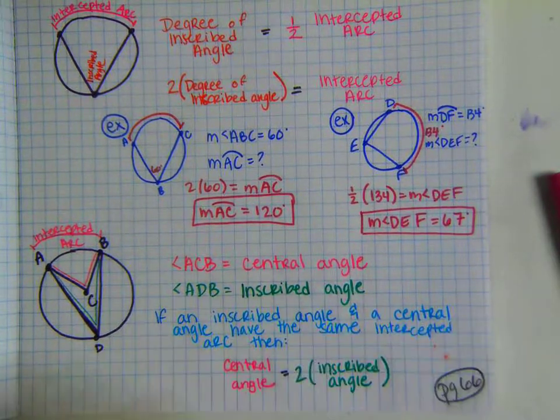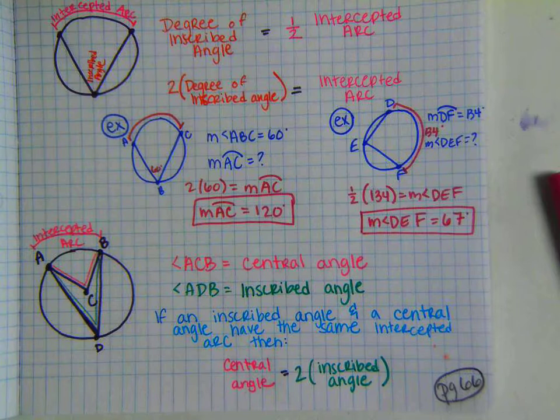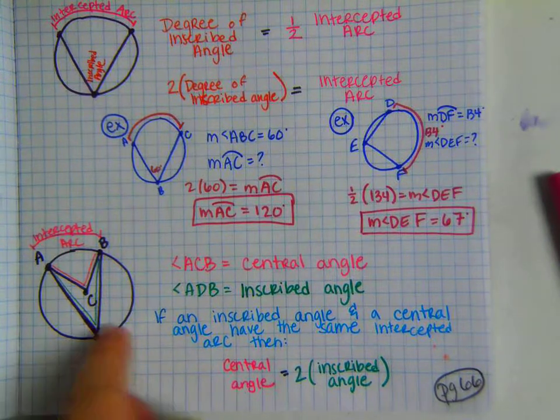Okay, which makes sense because they're intercepting the same arc, and that's the property for getting that intercepted arc.